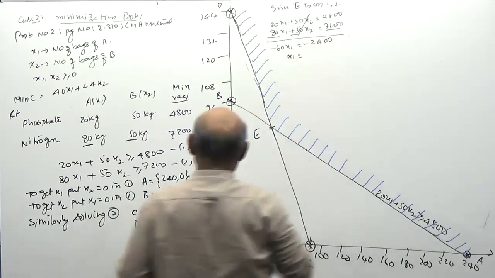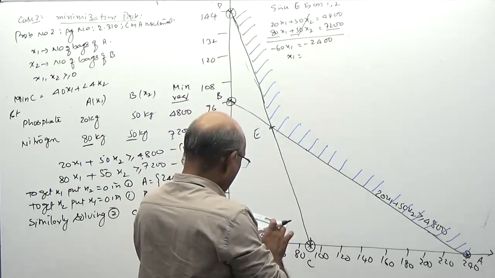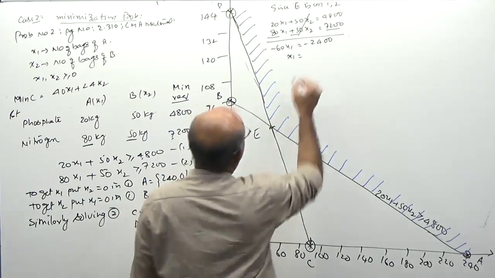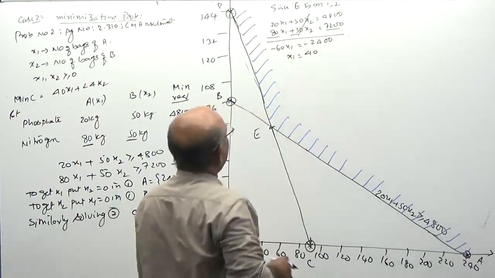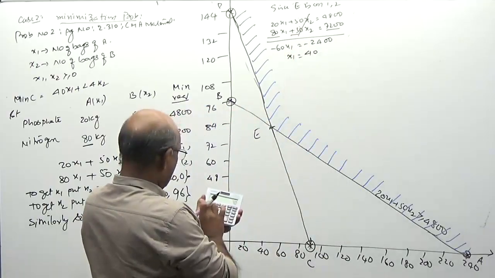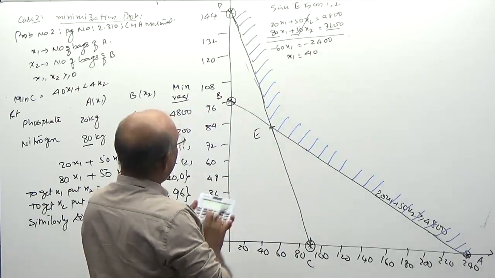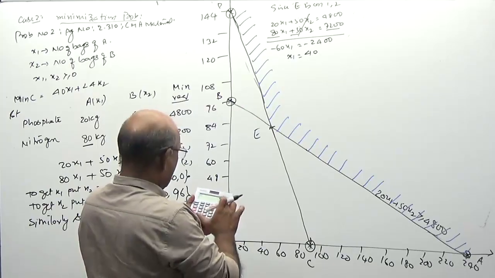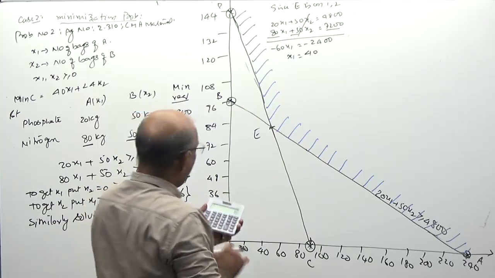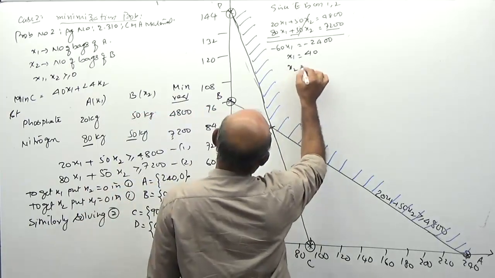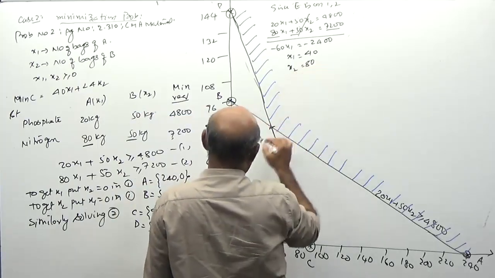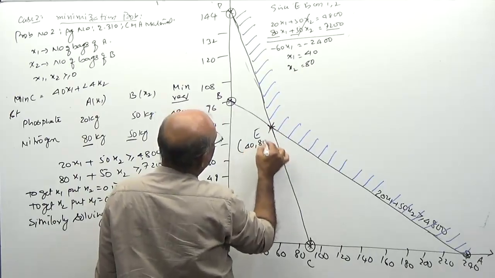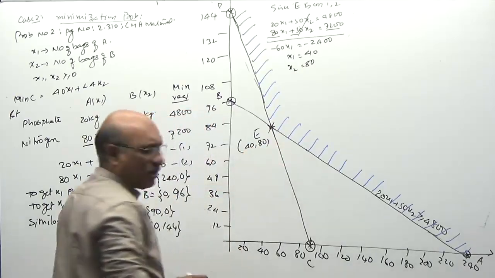So x1 is equal to 2400 divided by 60, which is 40. Substituting in line number 1, 4800 minus 800 is 4000, divided by 50, I get 80. So x2 is equal to 80. E coordinates are 40, 80.